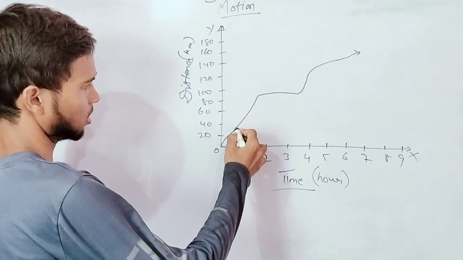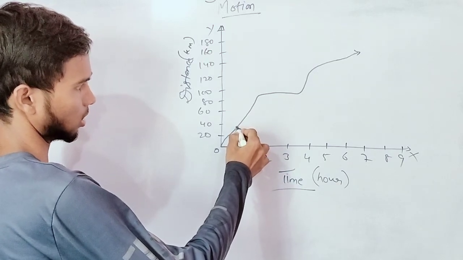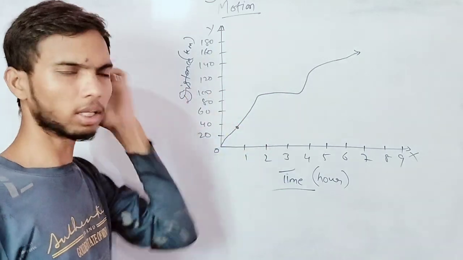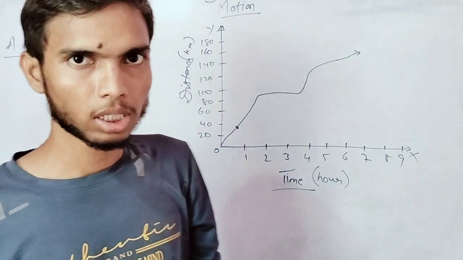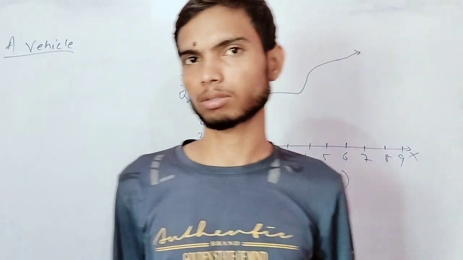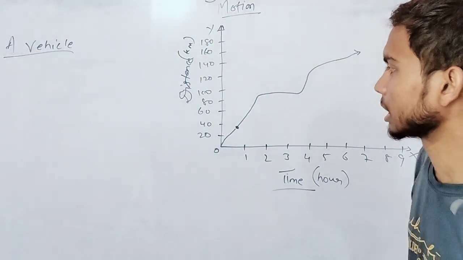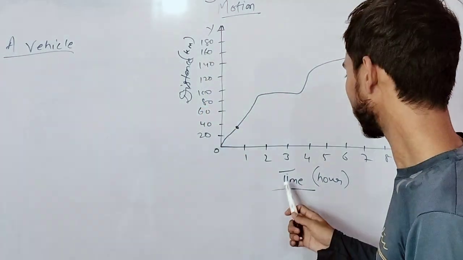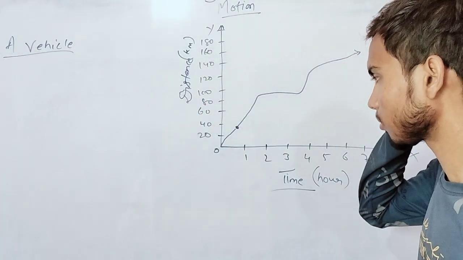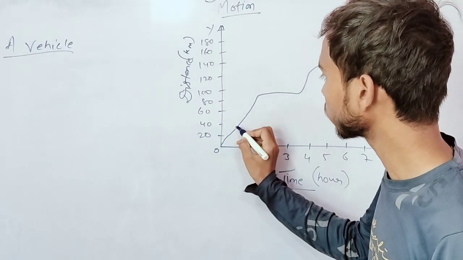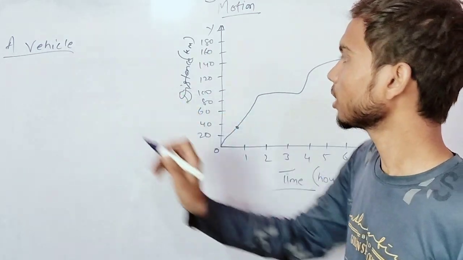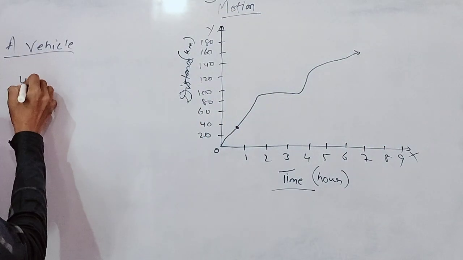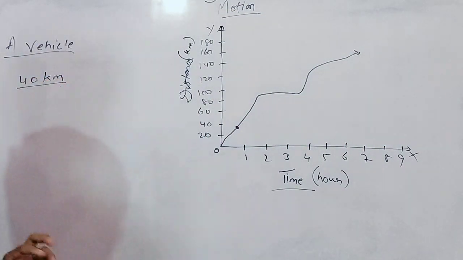Let's say here, this point. The vehicle started moving from here till here. How much distance did it cover till here? Can you tell? As we know, these are distances, these are time. So from here till here the vehicle covered 40 kilometers. One point you are clear.